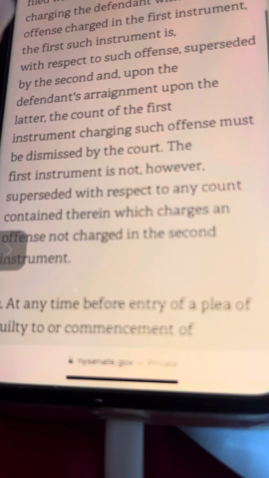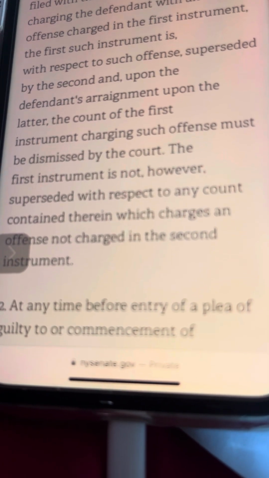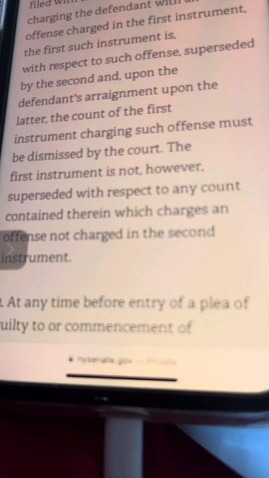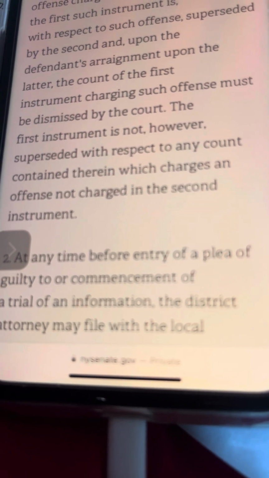The first instrument is not, however, and here's the second part of that, superseded with respect to any count contained therein which charges an offense not charged in the second instrument.